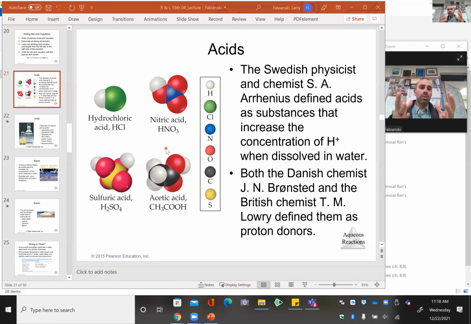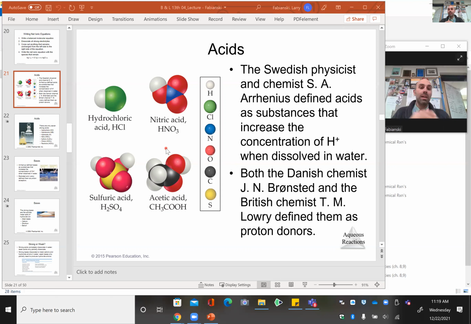Now, people started to realize, well, hey, there are some compounds that do share acidic properties, but that may not outright look like they're donating hydrogen ions. So the more and more research that was done opened up the door to classify more compounds as acids, but they didn't fall underneath the Arrhenius, the original definition of increasing the hydrogen ion concentration.